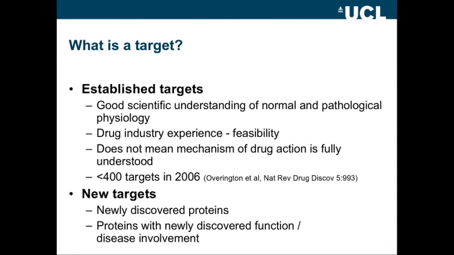Given that this is the case, it seems an awful waste if we're only really addressing 400 or 500 targets. So by looking at these new proteins and how they're related to disease, we can expand our possibilities in terms of drug design. Now, of course, this is a much higher risk strategy than using established targets, but on the other hand, it has the potential for much greater returns.